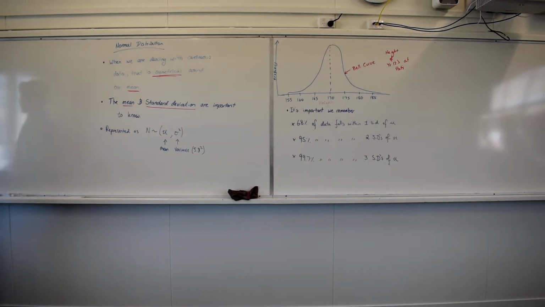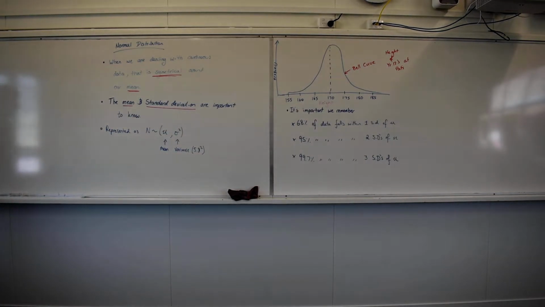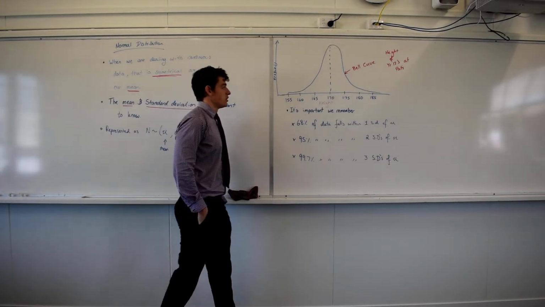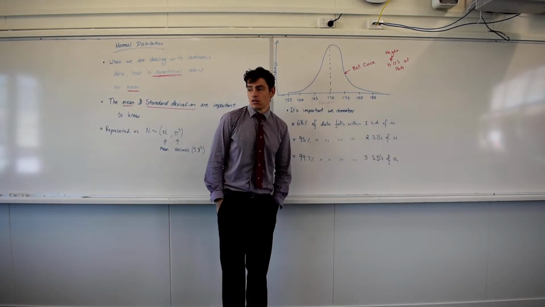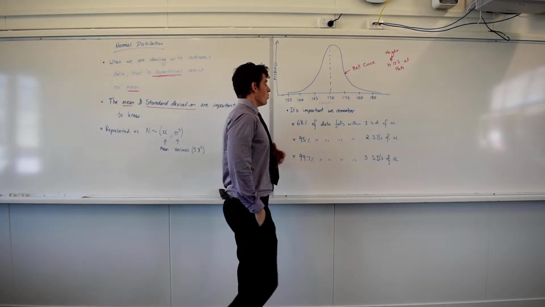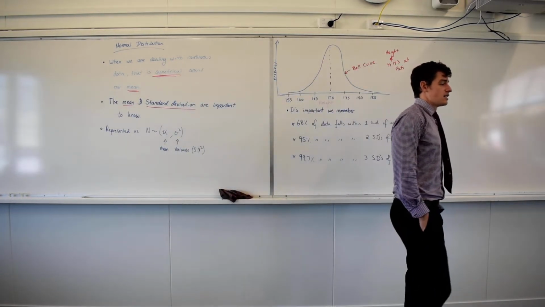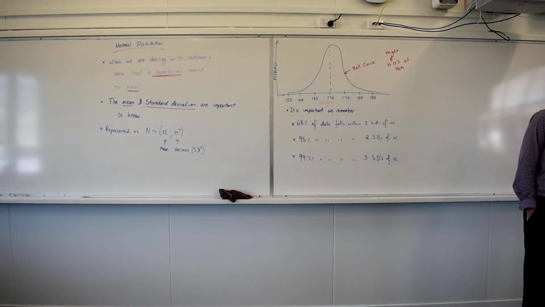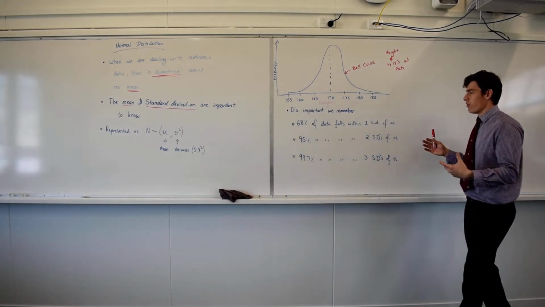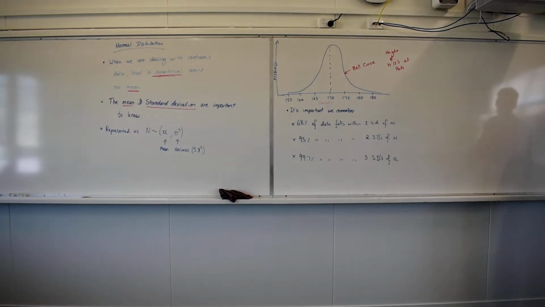What does that tell you about what's the average or the mean height of a Year 12 student? 170 centimetres. So what the normal distribution does is it allows us to determine how significant my height is and what percent of the population falls within a certain range.